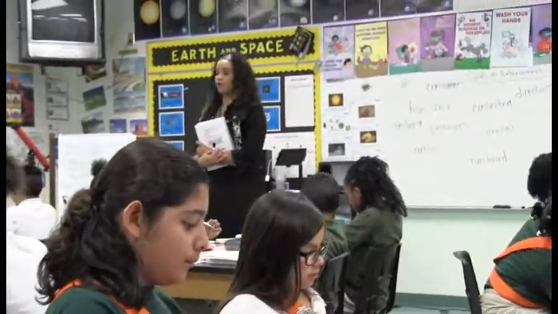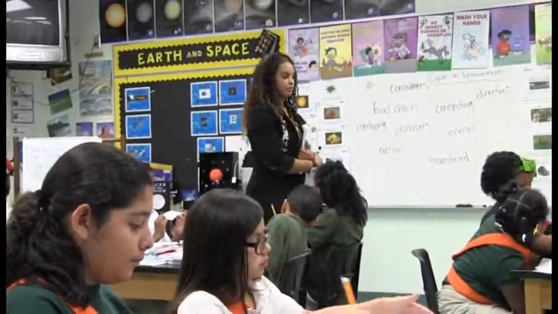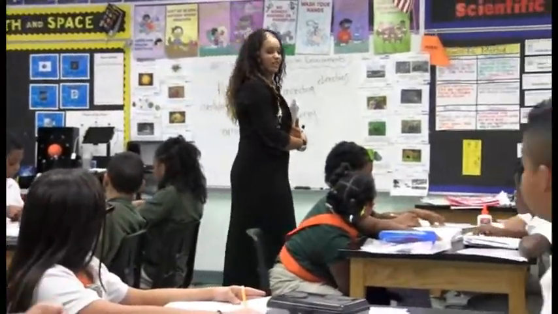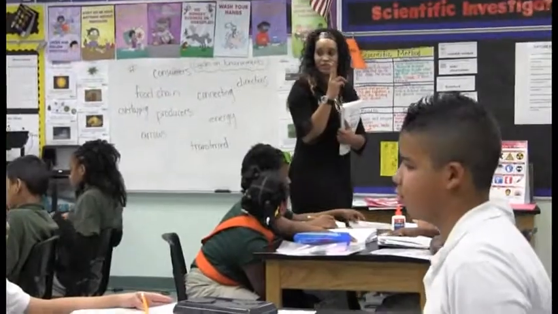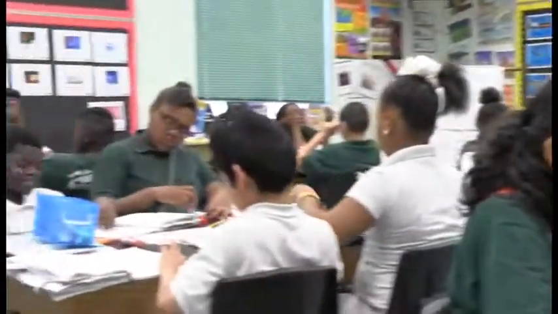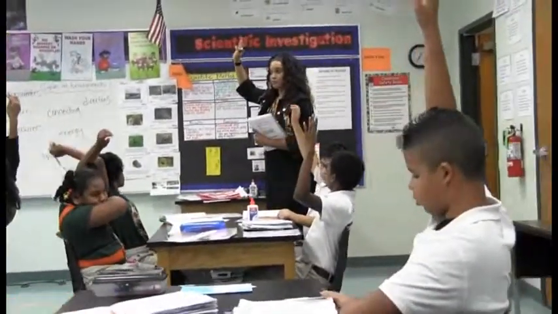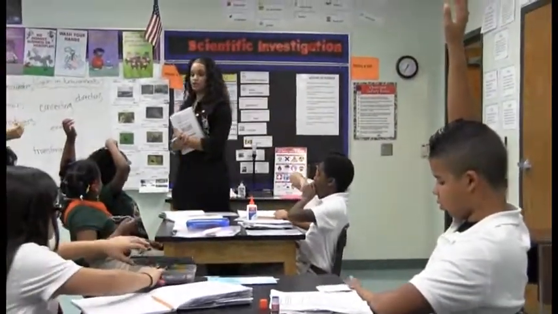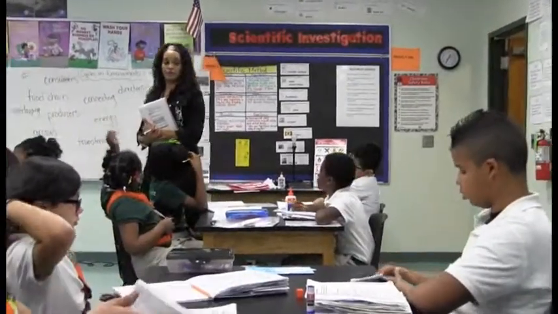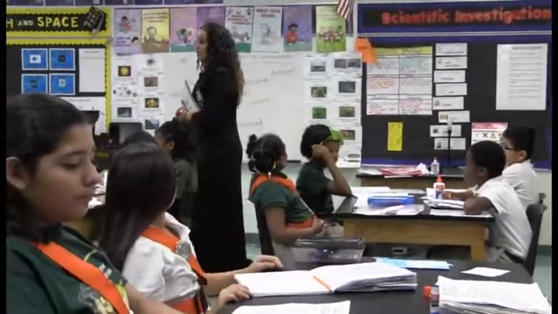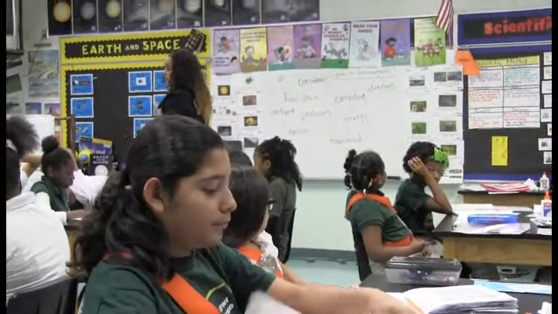You need to draw. Are you ready? Because you're going to do this within 2 minutes. On the next page, you're going to draw a food web and explain the energy flowing through it.